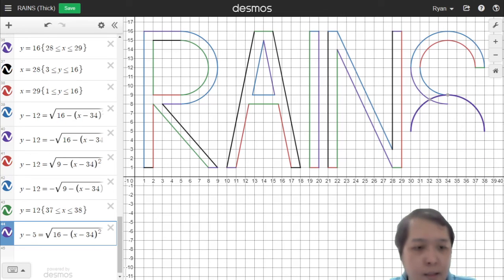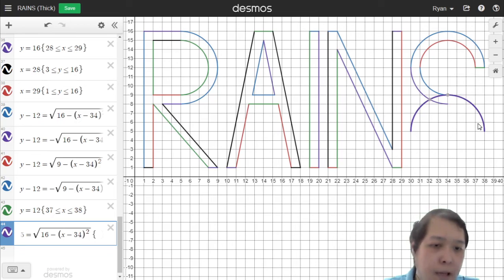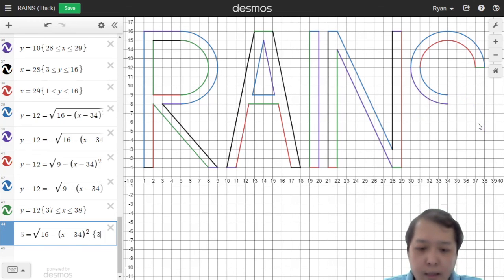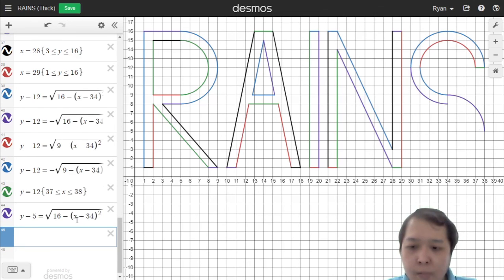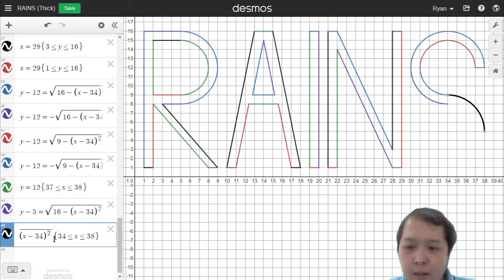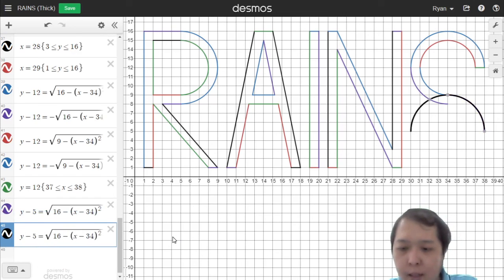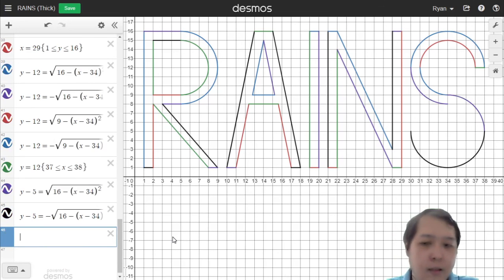Yeah, center is 34, 5, not 4. Okay, and then the interval to take only the top right part, 34 until 38, I believe. Okay, nice. Same part of circle, but it's the negative part, so I'm going to put negative in front of the square root. There you go, easy peasy.